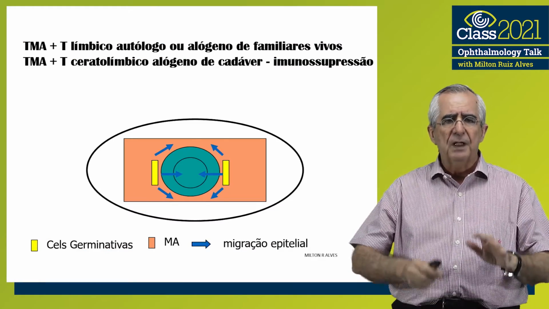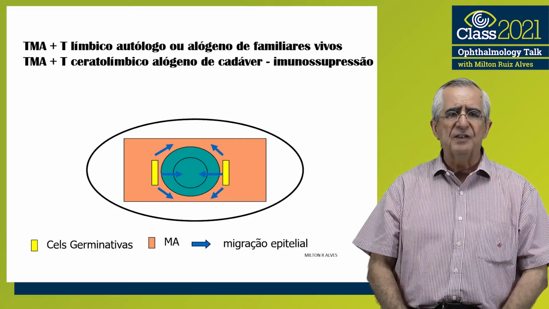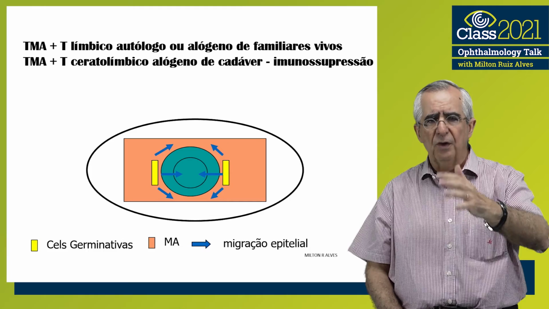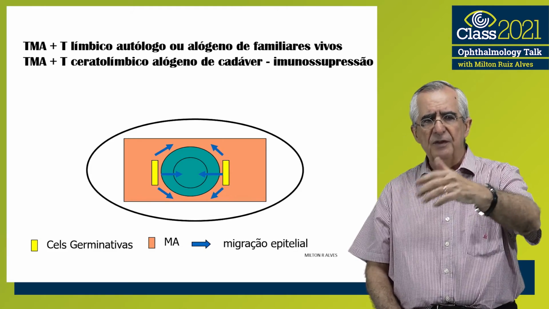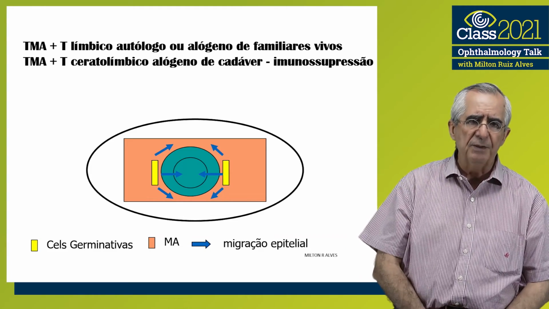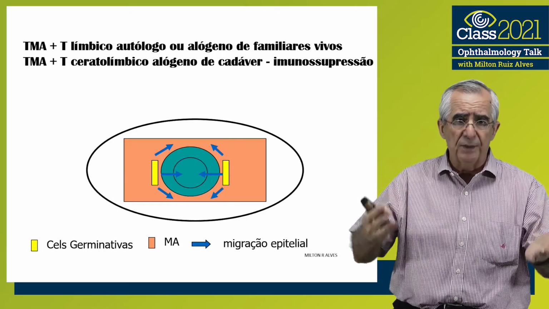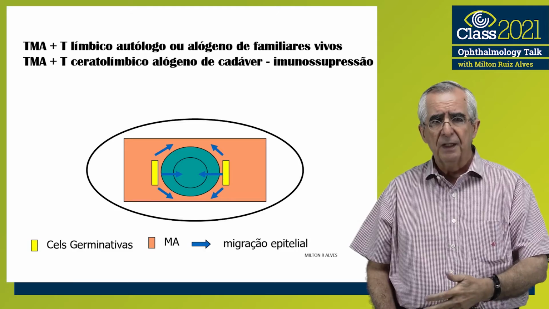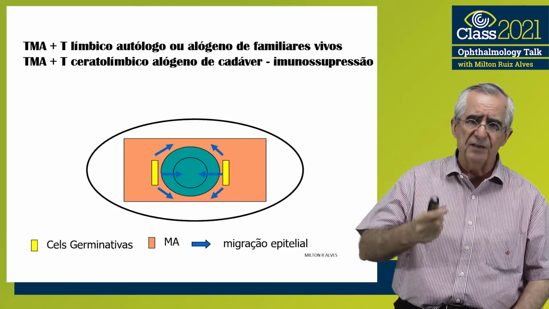There are cases where it may be necessary to use autologous or allogenic limbal transplantation from living relatives, or allogenic cadaveric keratolimbal transplantation with immunosuppression, associated with amniotic membrane transplantation.